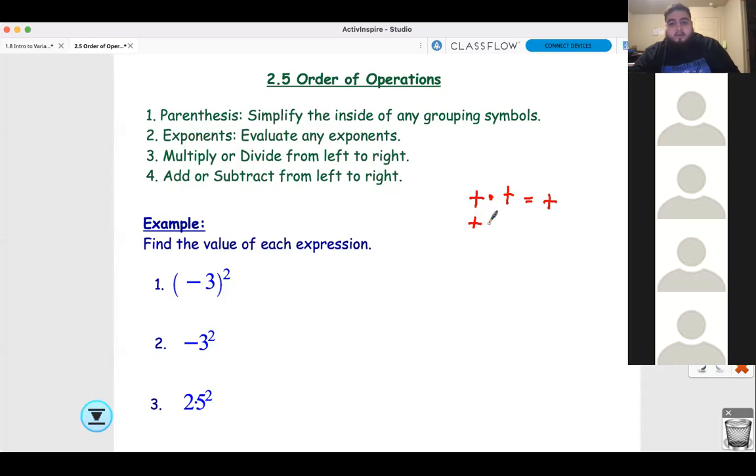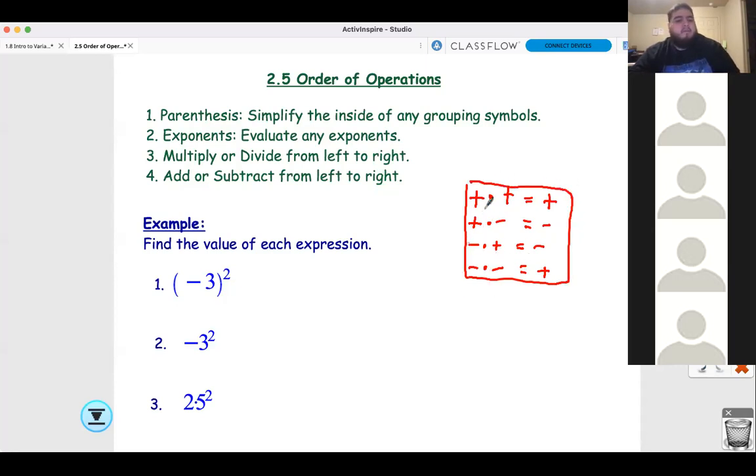A positive times a negative will always be negative. A negative times a positive will always be negative. And when we do two negatives, it becomes a positive. This little reference chart will be a key for you.